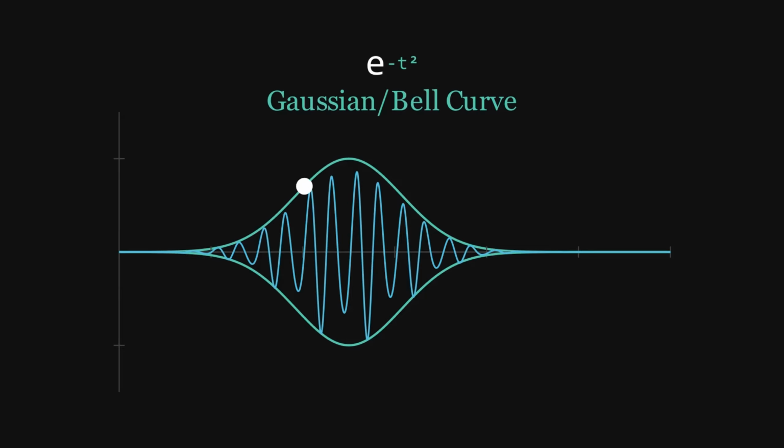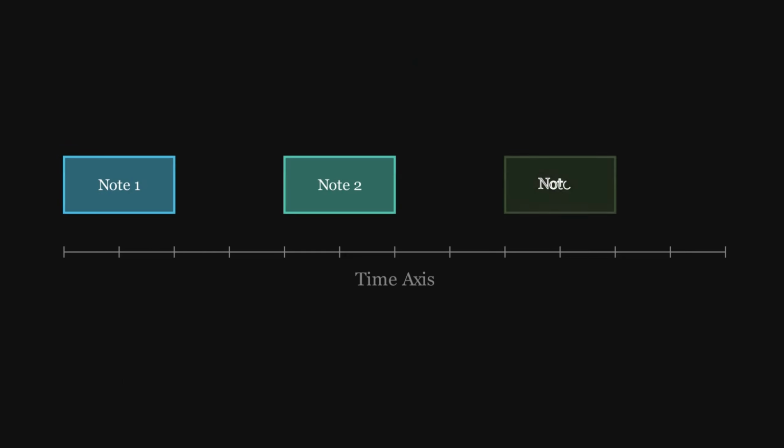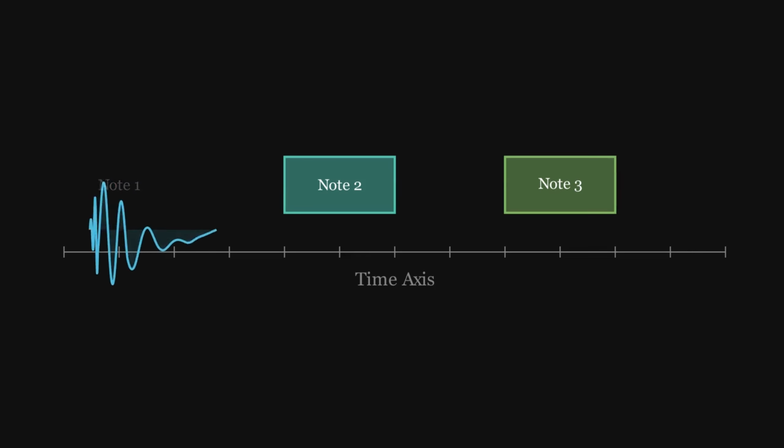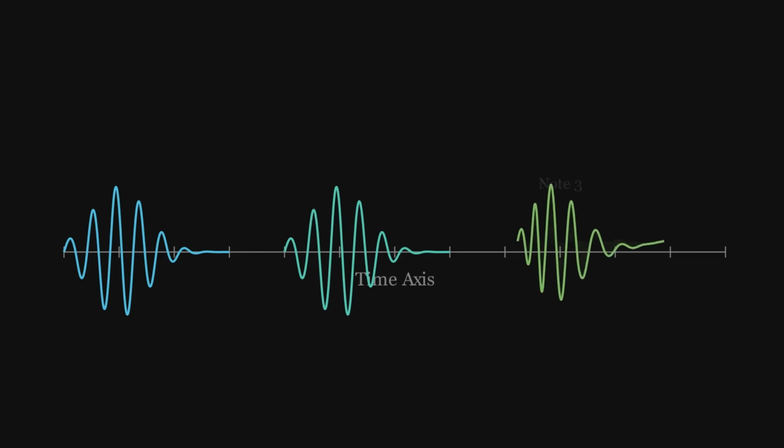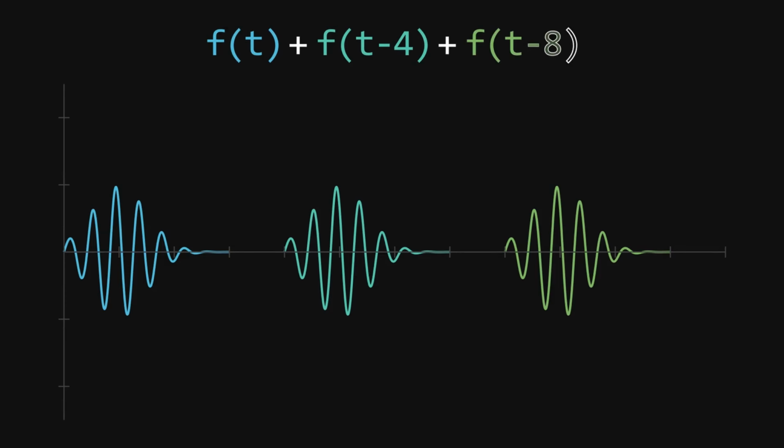Now that we have a single beautiful note, the final step is turning it into a melody and actually getting it out of the speaker. We do this by copying that note, shifting each copy in time and choosing when it should start, because we don't want all the notes playing at once. In math, that's as simple as telling the equation, don't begin until time equals 1, or 2, or whatever moment we want.